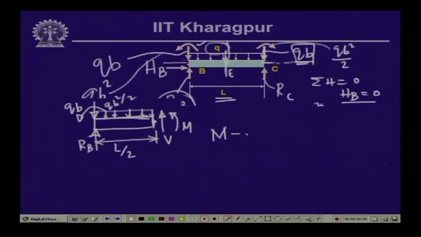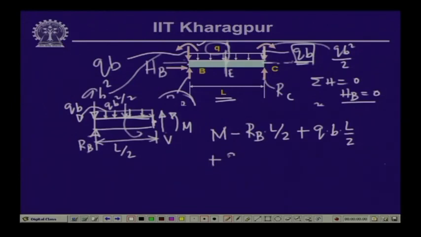So, M minus R b times L by 2, and Q b is going to cause again an anticlockwise moment. So, this is plus Q times b times L by 2, and the uniformly distributed load also will be causing an anticlockwise moment, so that is positive.